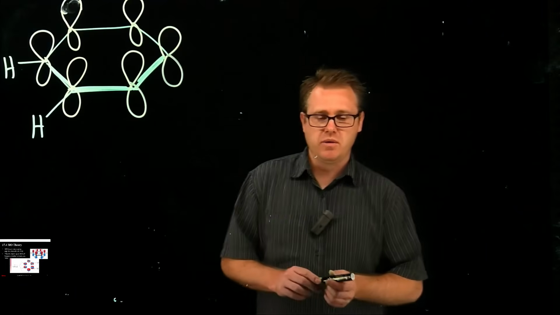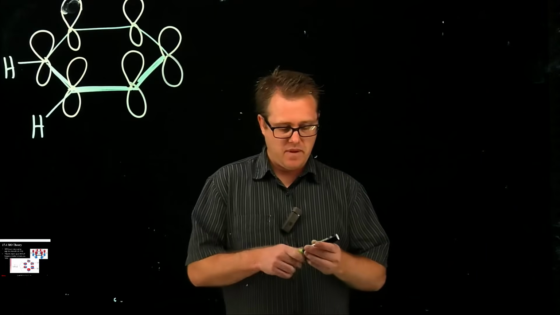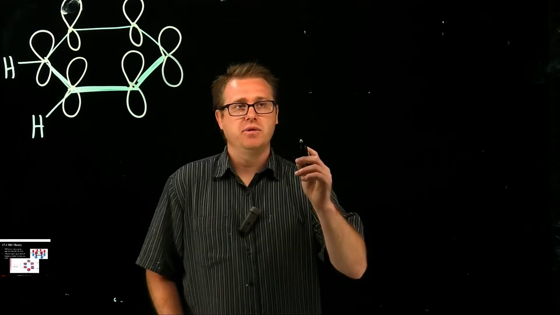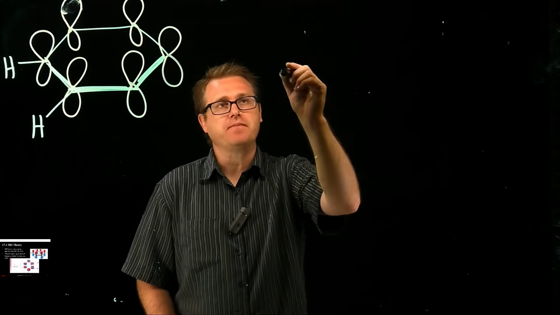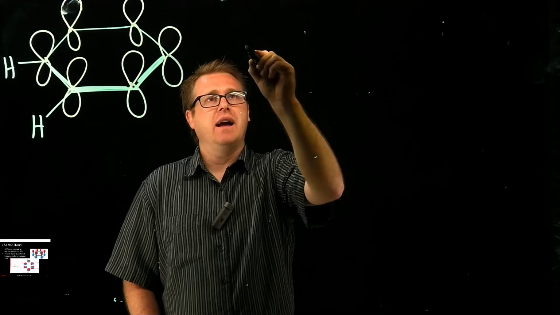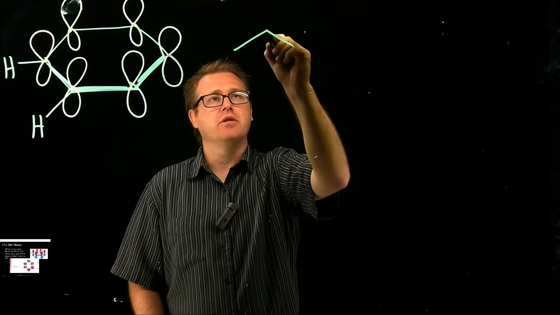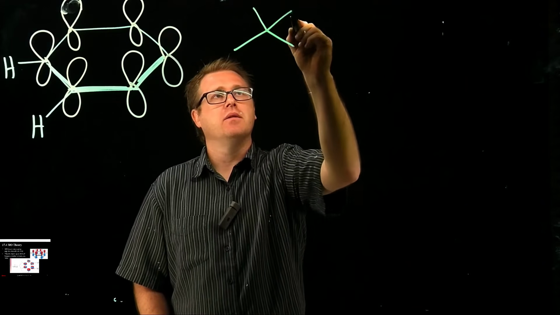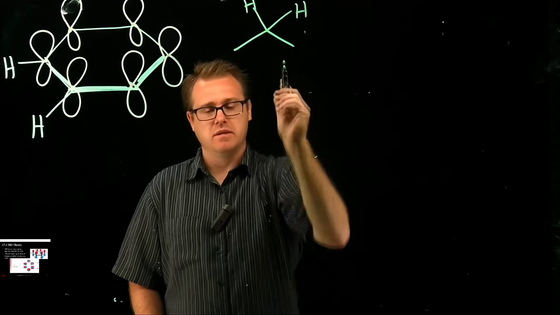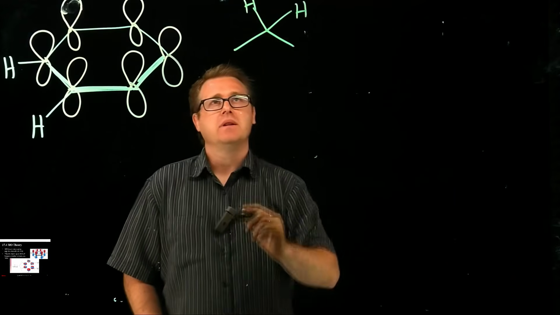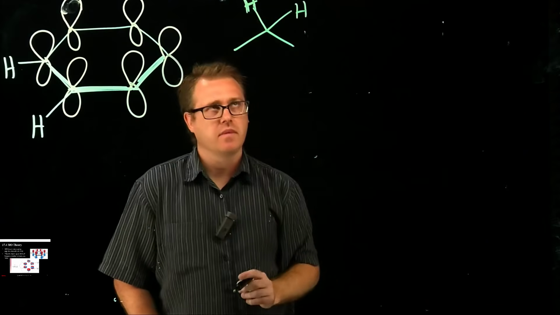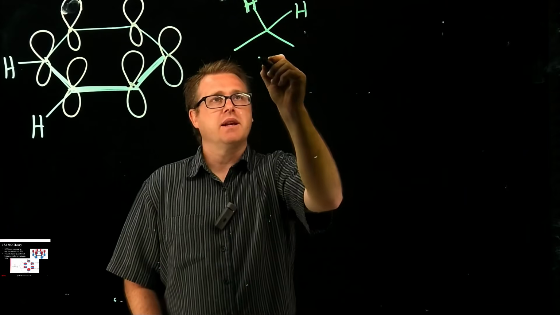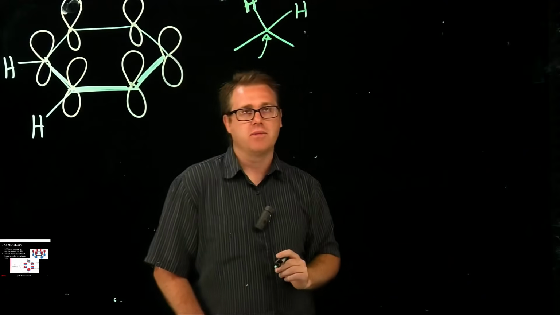Now I want to take a look at benzene and remind you how to look at hybridization states. Okay? So if we just have a molecule like this, and this is a hydrogen right here. What is the hybridization state of that carbon right there?